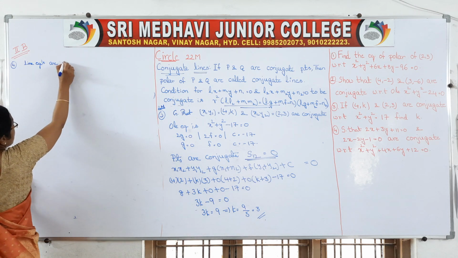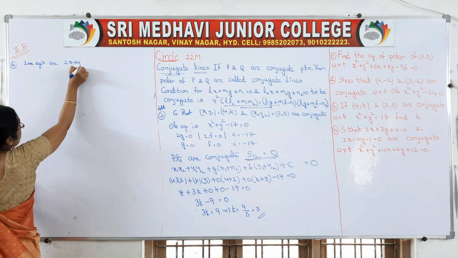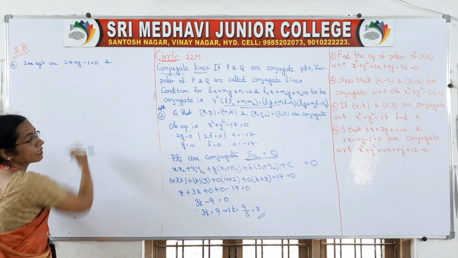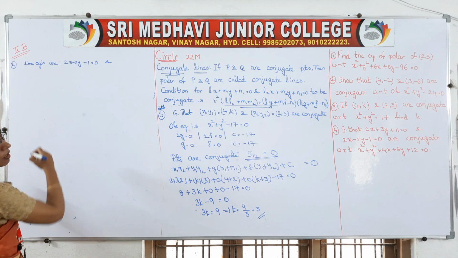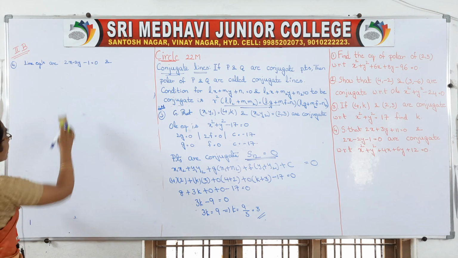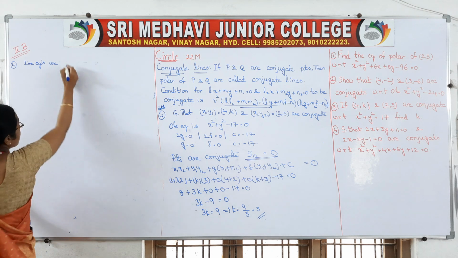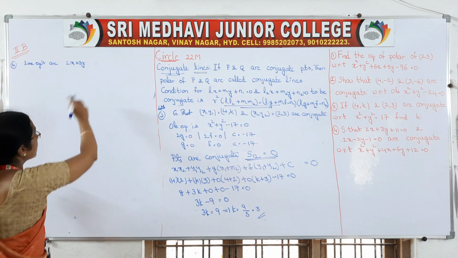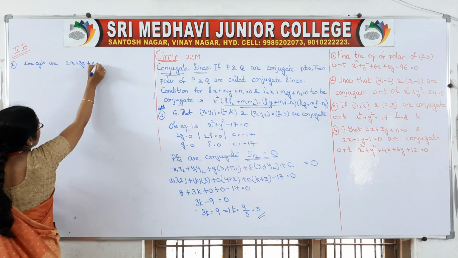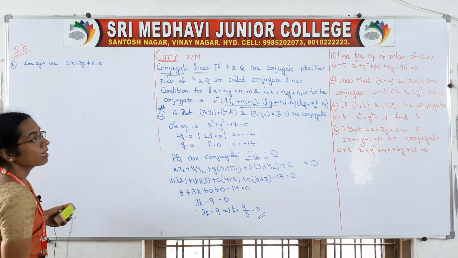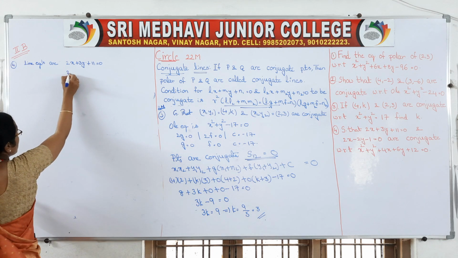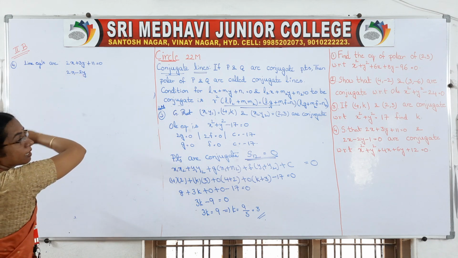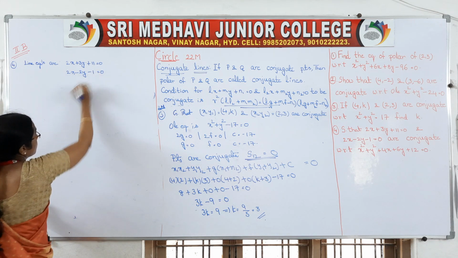The first line is 2x plus 3y, take the values correctly, plus 11 is equal to 0, and the second line is 2x minus 2y minus 1 is equal to 0.